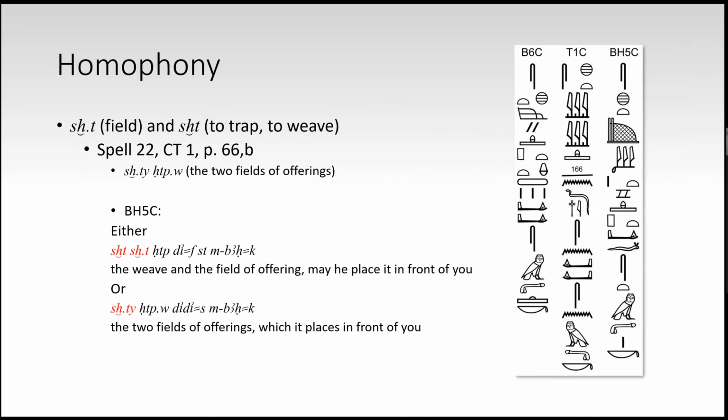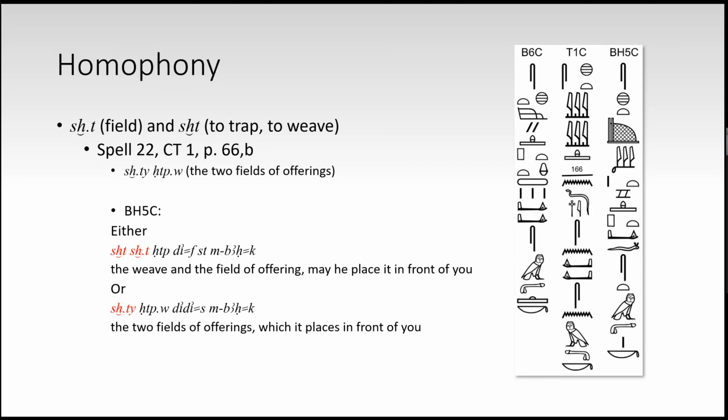So the next one is actually where we start to get an intriguing case where you once again deal with at least what for us would be absolutely homophones, where you deal with sechti versus sechet, to trap. These cases are obviously what we're dealing with here is sechti hetep, so the fields of offerings. There's no doubt that that's what they were intending to write here, as one can see in T1C.